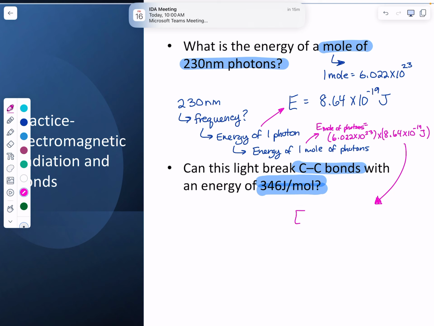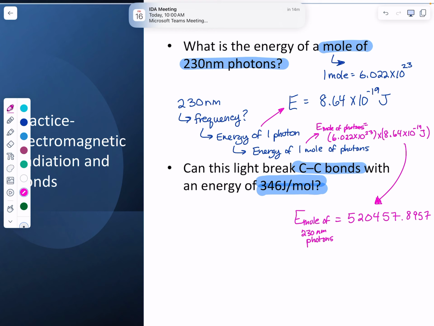So the energy of the mole of 230 nanometer photons comes out to be 52045.8957. Should have rounded there.